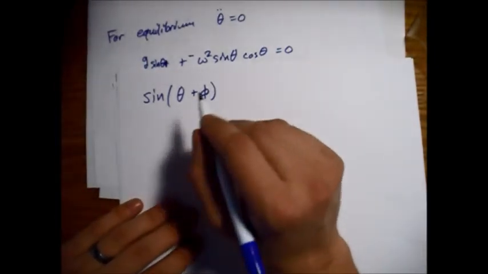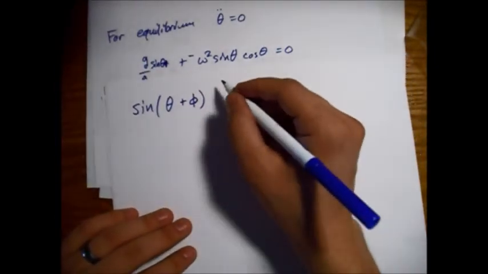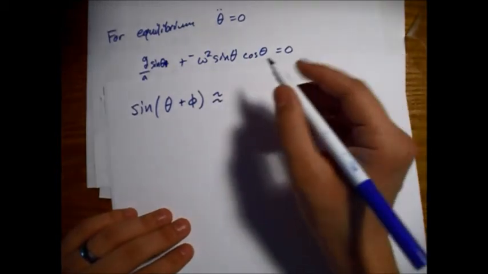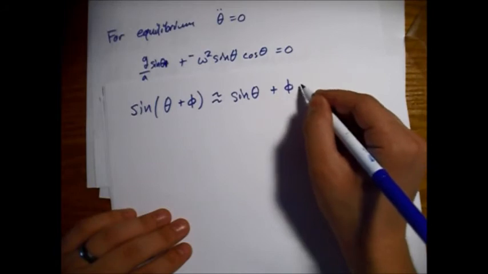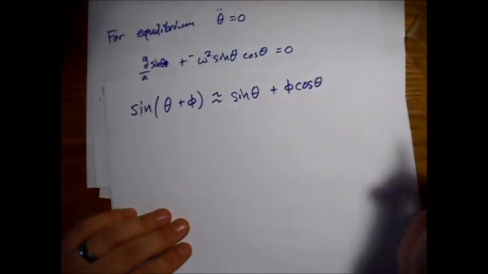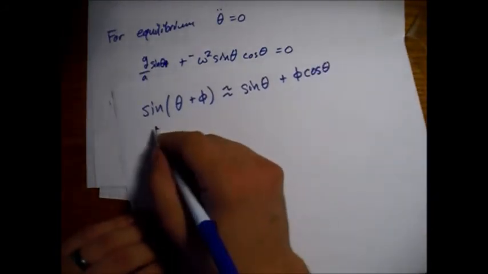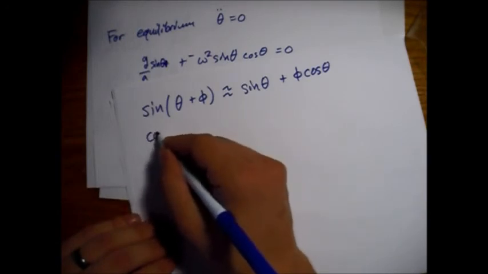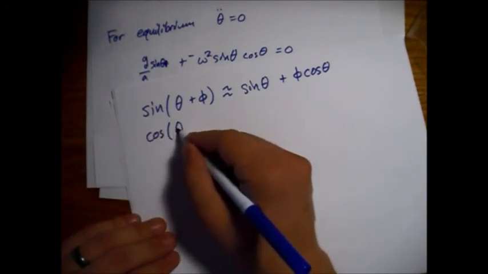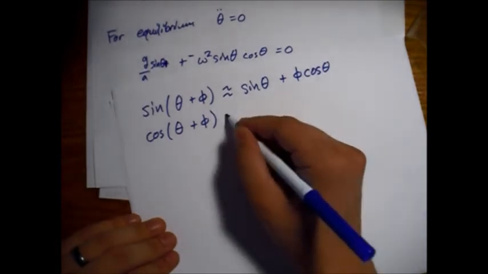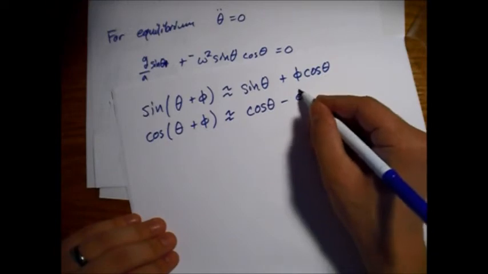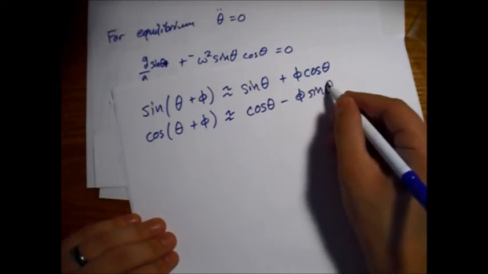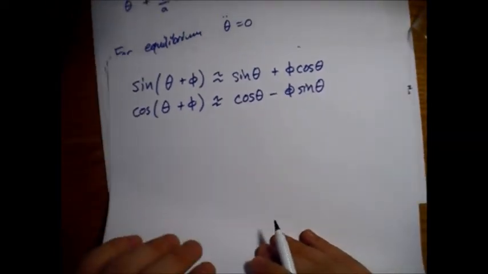If we do a Taylor expansion in phi, we'll just keep the first term. So we have a sine of theta plus phi cosine of theta, and a cosine of the same thing is going to be about a cosine of theta minus phi sine of theta. There's your derivatives.